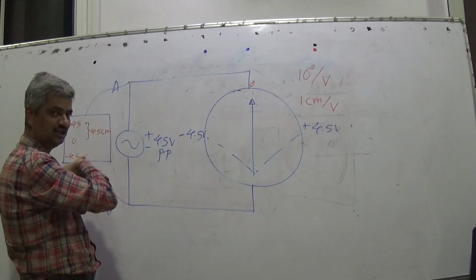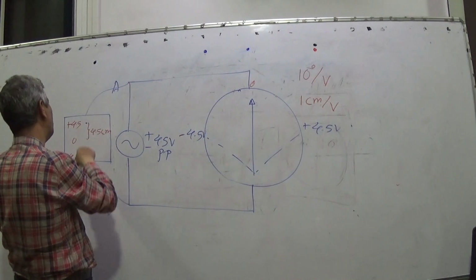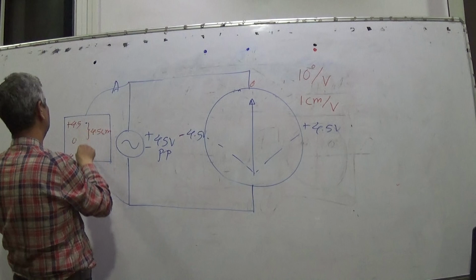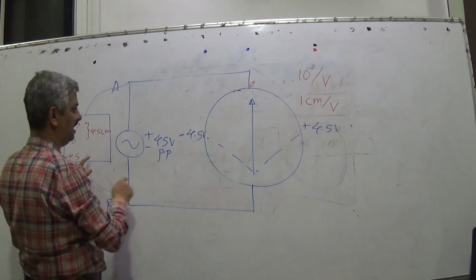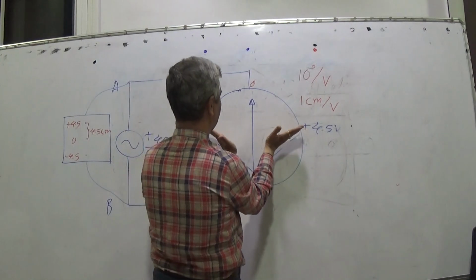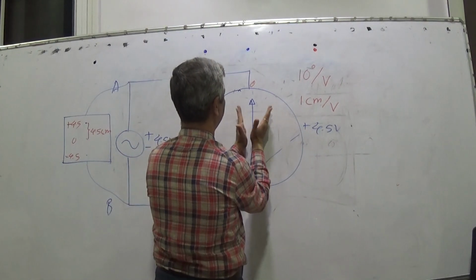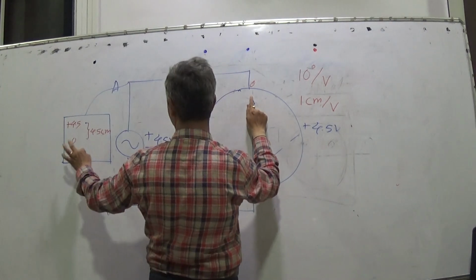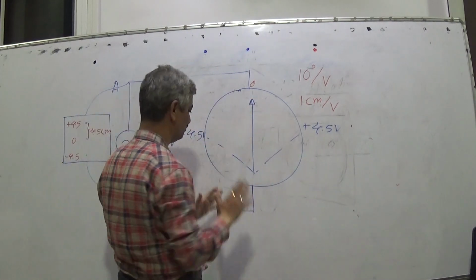The only thing is that because of persistence of vision, I can't see the movement of the spot; I will see the entire line as such. And here it will go like this. As frequency increases, the movement will reduce, and at around 1 kilohertz you will just see that it is moving like this. So what is happening?